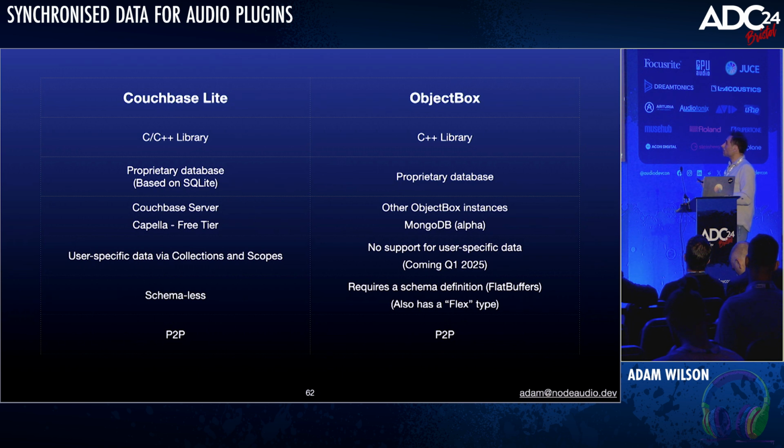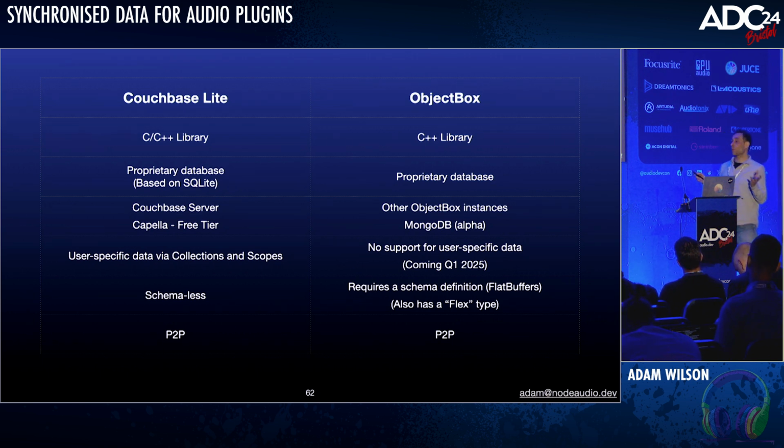The current issue, and the main thing that concerns me about it at the moment, is there isn't support for user-specific data. Although they told me they're working on it, they've been thinking about it for a long time, and they're hoping that it will be ready by the first quarter of 2025. There are workarounds, depending on the type and volume of the data.